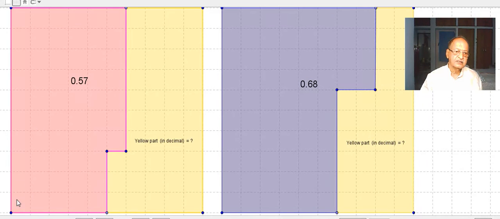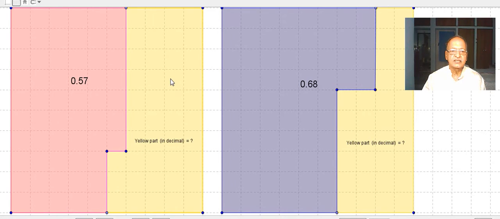These boxes are 10, 10, 20, 30, 40, 50, and then 1, 2, 3, 4, 5, 6, 7. So 57. This pink portion is 57 out of 100. So 57 by 100 can be written as 0.57.